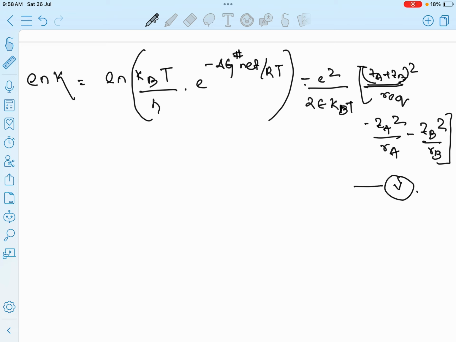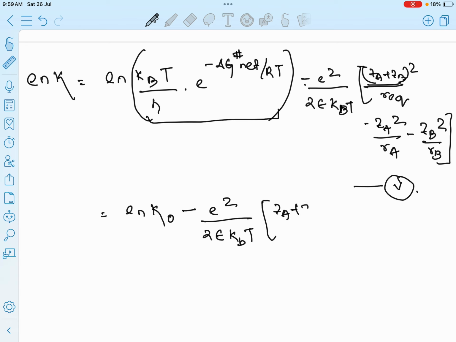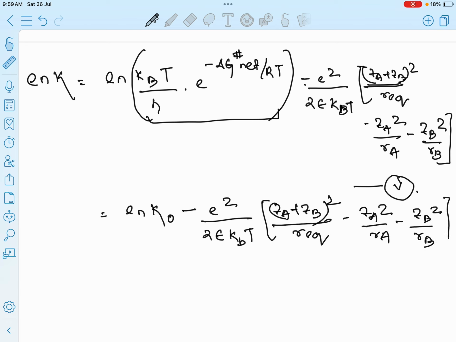And just as in the last class, where we plotted in the double sphere model, we can also plot here. Here we can write down this is a constant term. Let us say this to be k naught minus e square by 2 epsilon kBT, ZA plus ZB square by Req minus ZA square by RA minus ZB square by RB.